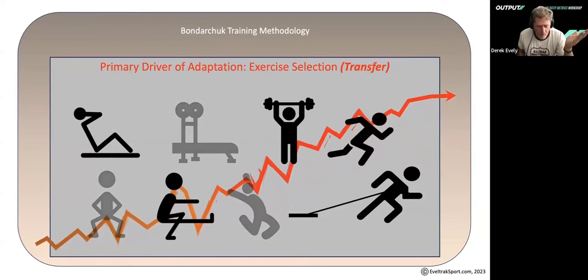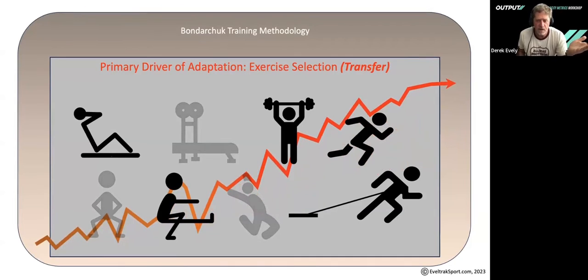We pick the right exercises. Through trial and error and through experience, we choose them. I'm repeating myself here, but it's very important: the better the exercise choice you have, the bigger the growth in that cycle is going to be. That's super important to understand. That is the essence of transfer.